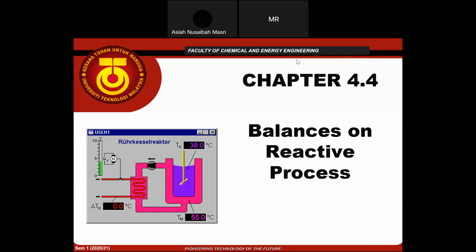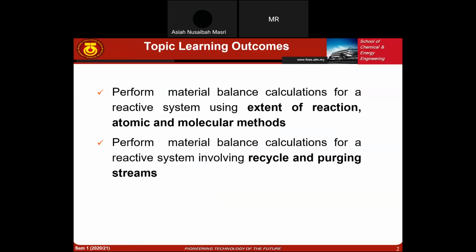So now we will continue with mass balance, chapter 4.4, which is regarding balance on reactive process. Okay, so what we are going to learn here is we have two topic learning outcomes.